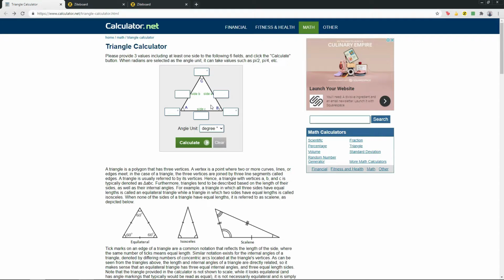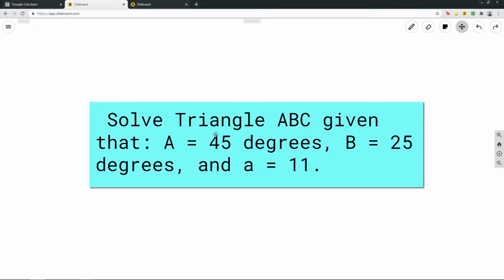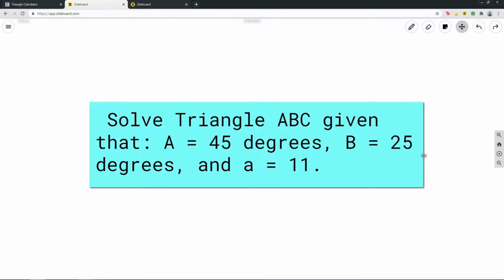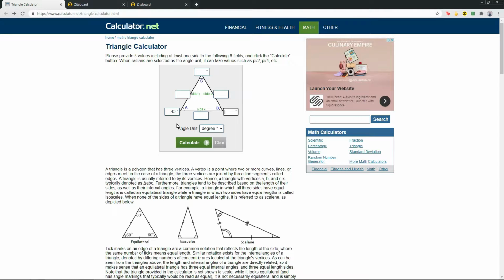So to solve for the wanted values, just simply input the given values in the correct blanks. So for example, we know that angle A is equal to 45 degrees, angle B is equal to 25 degrees, and side A is equal to 11 units.